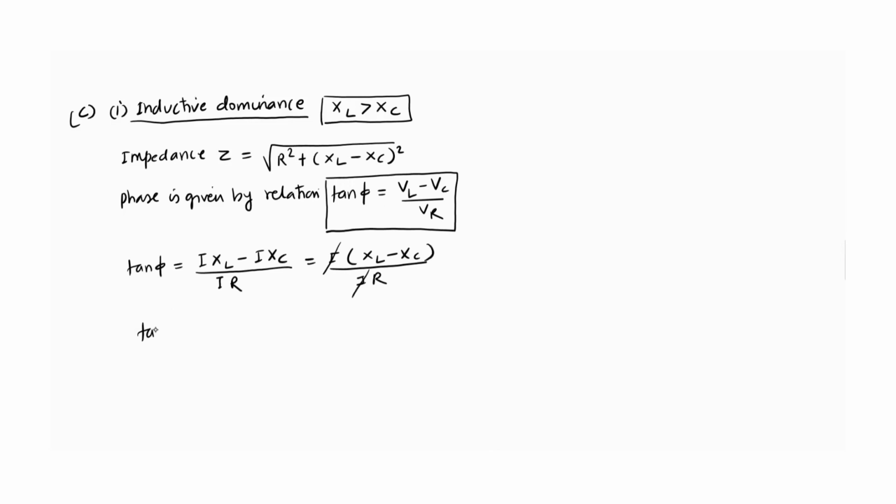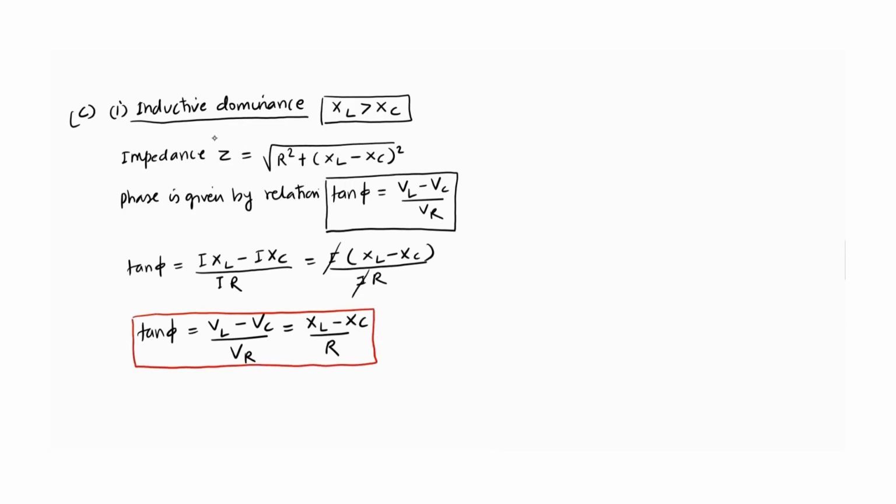Therefore, tan phi equals VL minus VC divided by VR equals XL minus XC divided by R. This is to be noted.